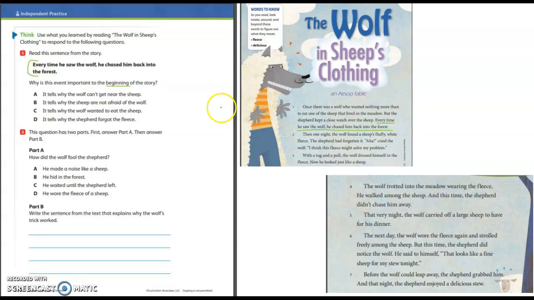So let's look at our answer choices. It tells why the wolf can't get near the sheep. I go back to the text, and I'm looking at the beginning of the story again. It says, once there was a wolf who wanted nothing more than to eat one of the sheep that lived in the meadow, but the shepherd kept a close watch over the sheep.